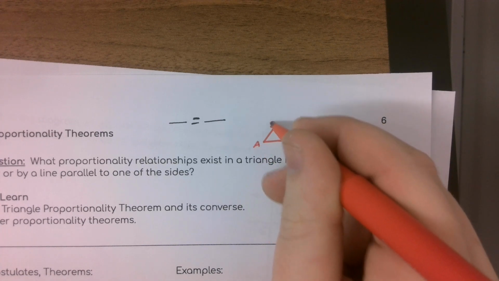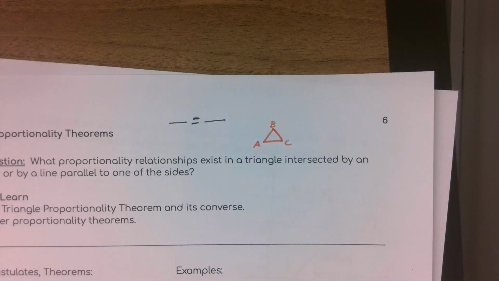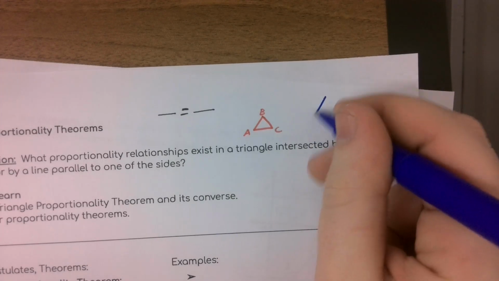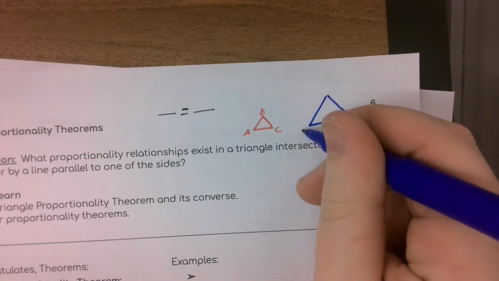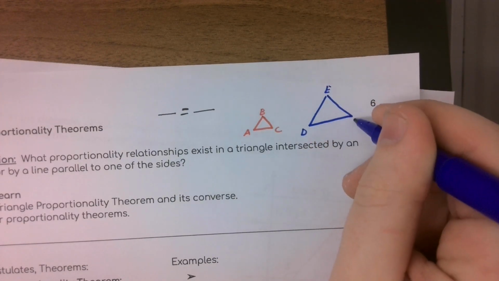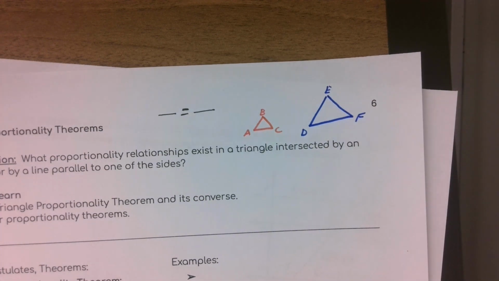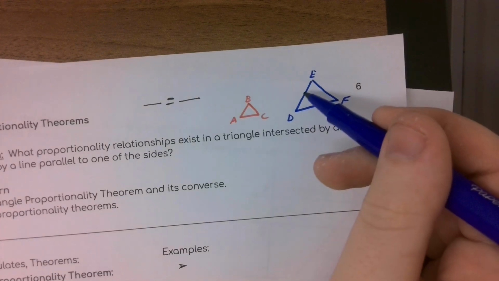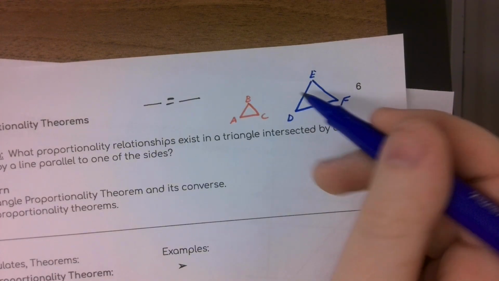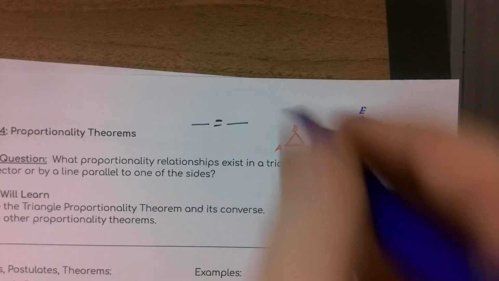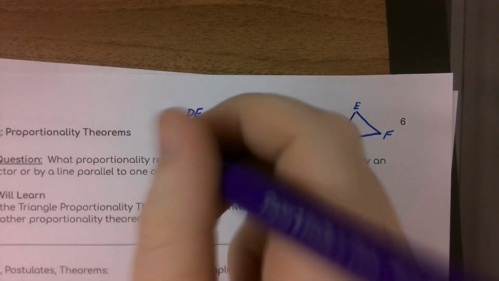We'll call it A, B, C. And let's make a larger triangle. We're going to call it D, E, F. And if these two triangles are similar to each other, we know, no matter what, that we can divide one of the sides of our second triangle by one of the sides of our first triangle. We could do DE over AB, for instance.